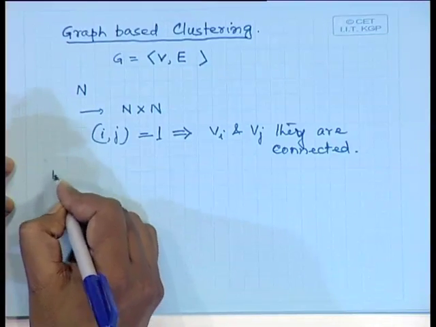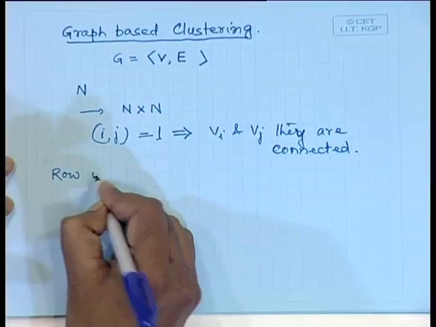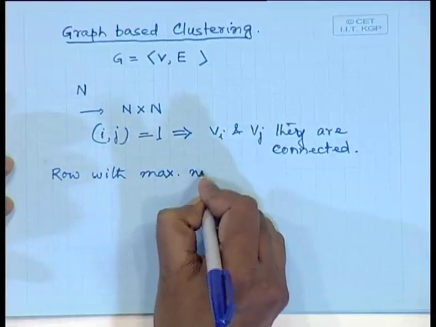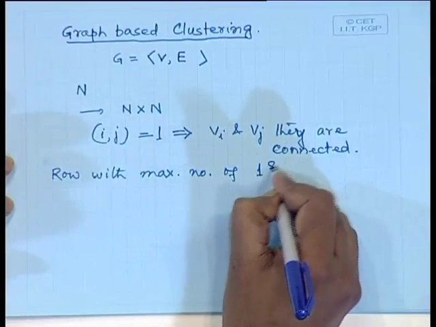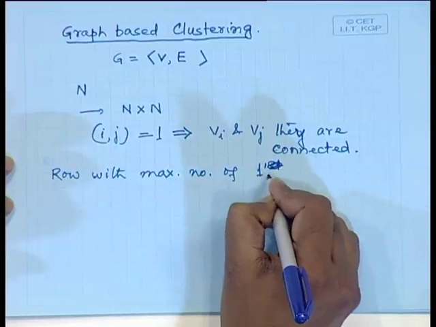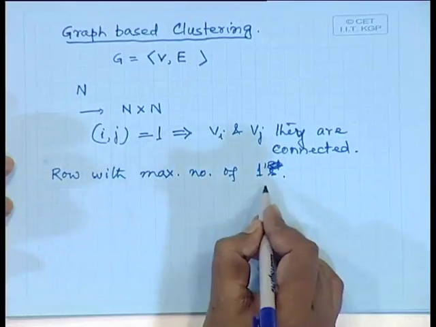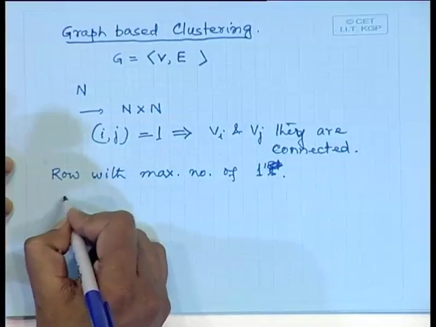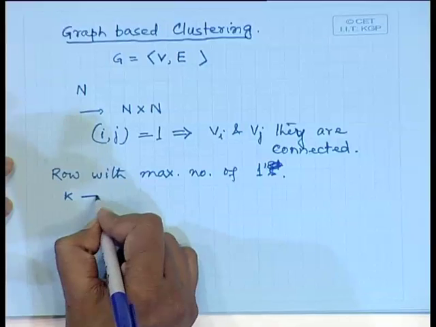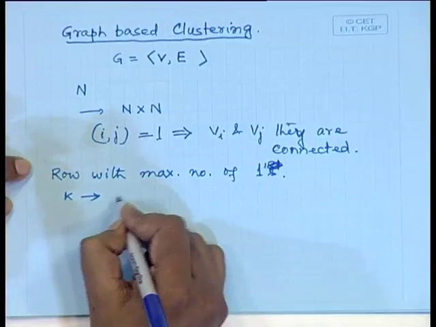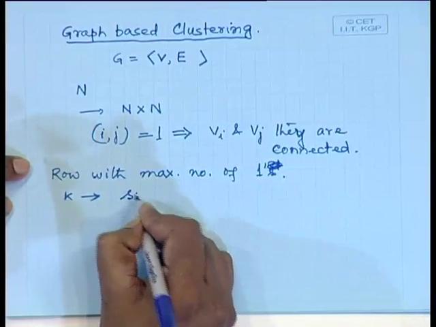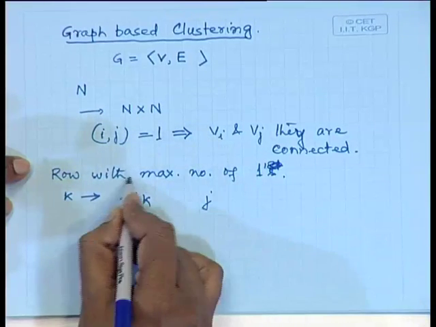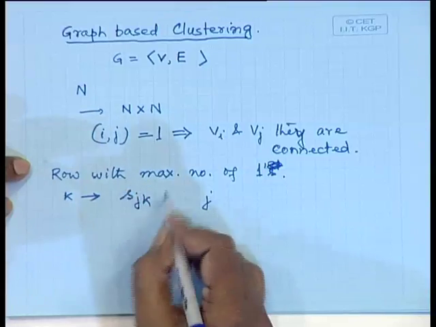So, I will take a row with the maximum number of ones, and I consider all other nodes. A point or feature vector k will be put into the same cluster if I find that in the similarity matrix S jk is equal to 1, where the jth feature vector is already in the cluster. So, that is the relation of transitivity.